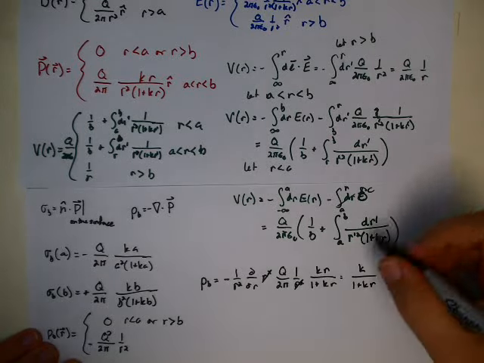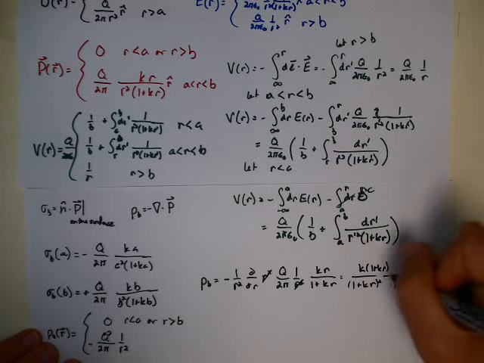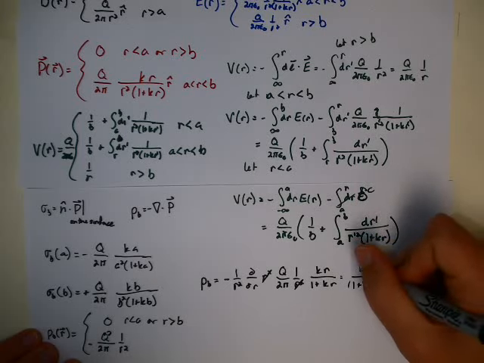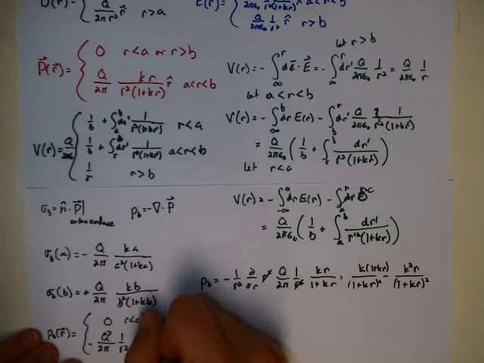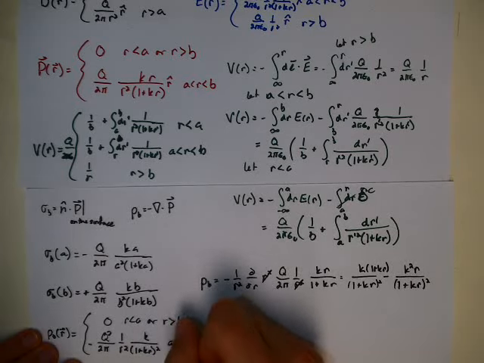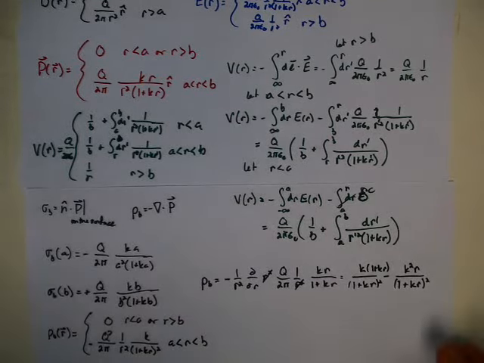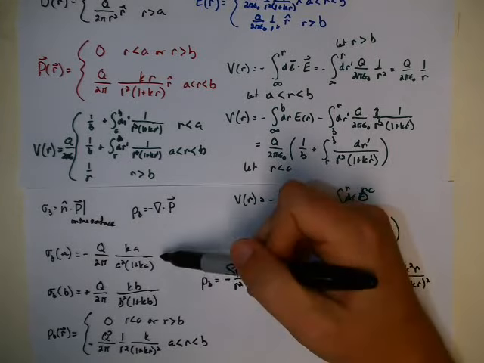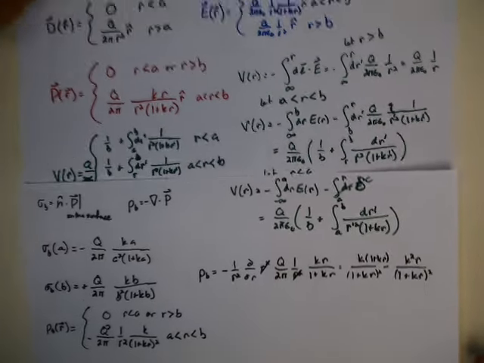Now we can simplify this a little by multiplying top and bottom by 1 plus Kr. We see the second terms are going to cancel, so we're just going to get K over 1 plus Kr quantity squared, and this is for a less than r less than b. And so there we go. That is the bound surface charge and the bound volume charge for the situation that we have here.